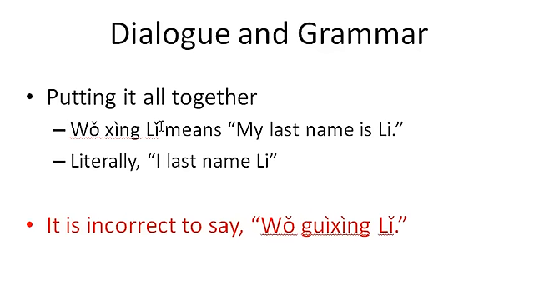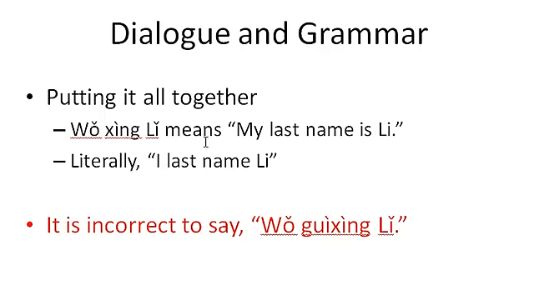So let's put this all together. The question was asked, 请问你贵姓? What is your last name? So Miss Li responds by saying, 我姓李. She is saying, my last name is Li. Now literally, she is saying, I, last name Li.